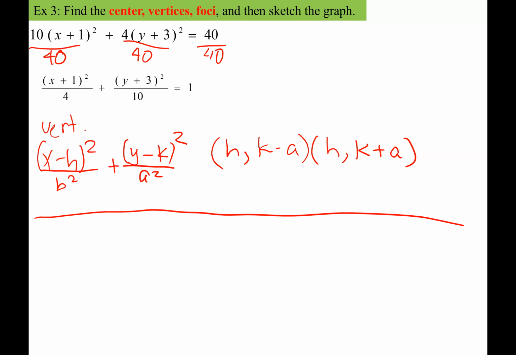Now for your horizontal one, your equation is going to change slightly, but not by much.